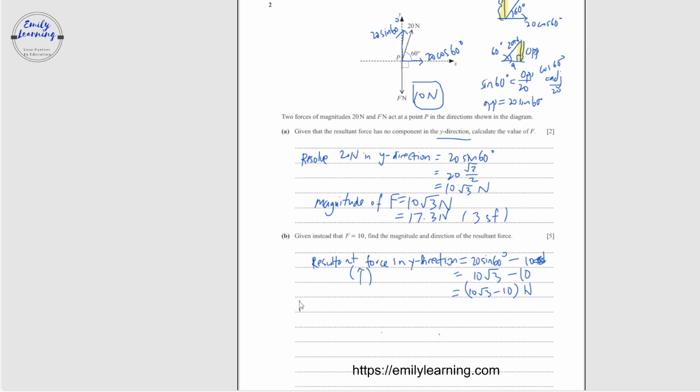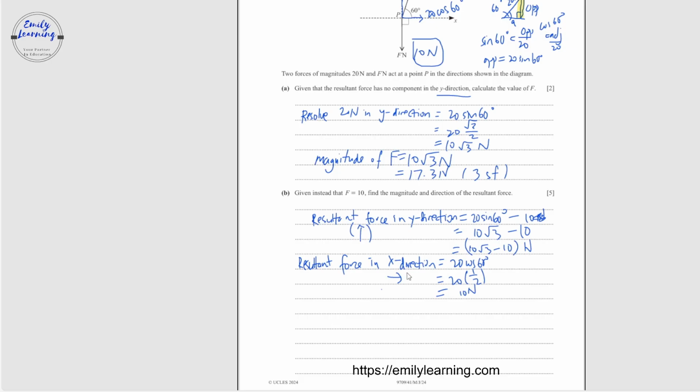Okay, next, resultant force in the x direction. Because there's only one force that contributes to the x direction and it is acting towards the right, we know that the resultant force in the x direction is acting towards the right. And it is equal to 20 cosine 60 degrees, which is 20 times half, or 10 newtons.